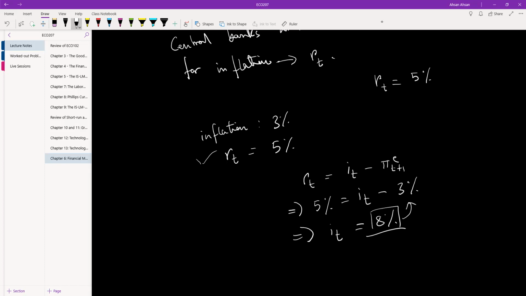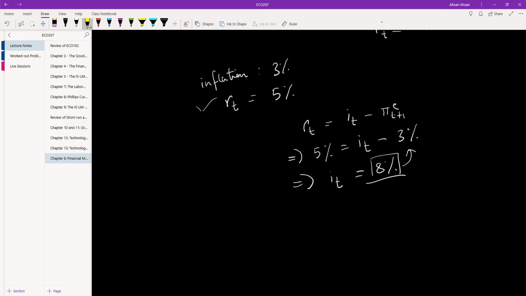But, and this is a big but, there is an issue here, and that is the problem of the liquidity trap that we had already talked about. Okay, so here's the thing. We know r is equal to i minus pi.